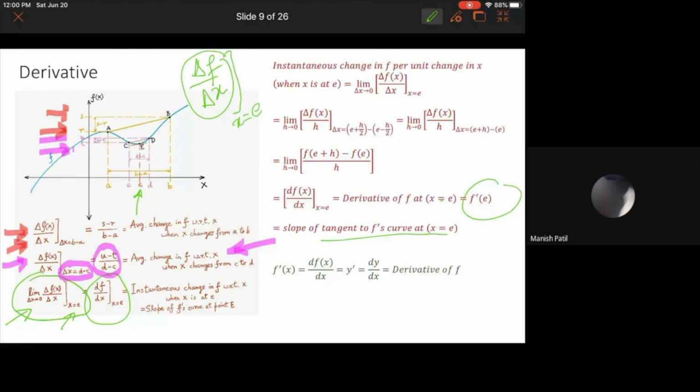By similar logic, you can write the derivative of f at any arbitrary point x as df by dx, the limit as h tends to 0, as you go from x to x plus h. So compare these two expressions here.